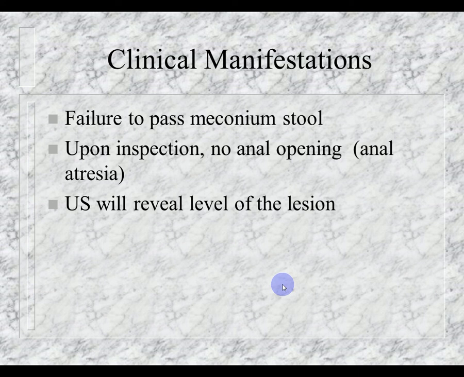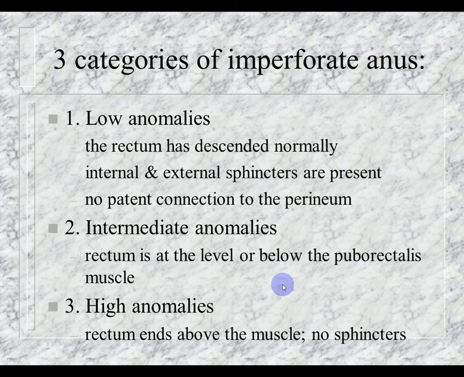And the reason that's done is because there's three categories of imperforate anus: the low, the intermediate, and the high. And I didn't put it on here because it's quite graphic, but if you Google repair of imperforate anus, you'll see the detailed surgery that it takes, especially a high one. With the low, the rectum has actually descended normally. It just does not have the internal and external sphincters, and it doesn't have the patent connection or the opening.